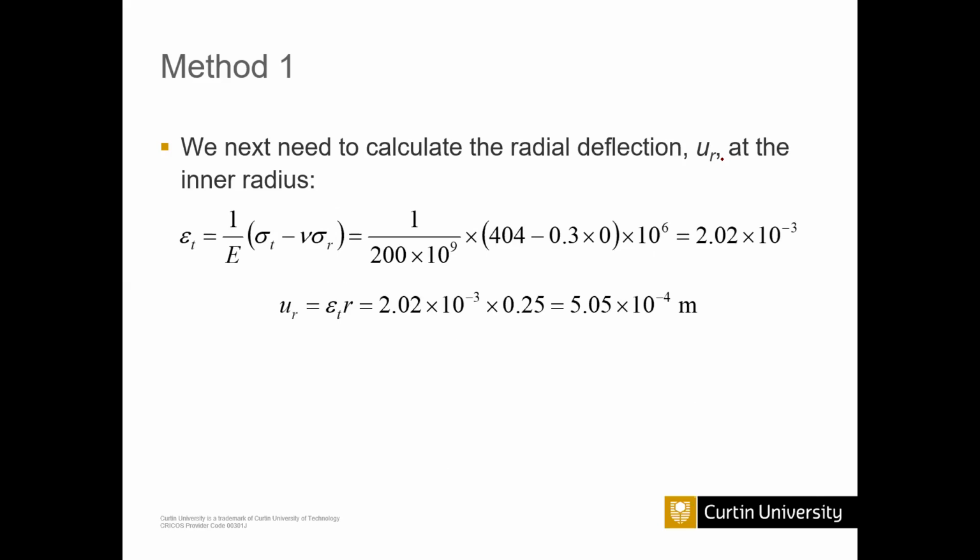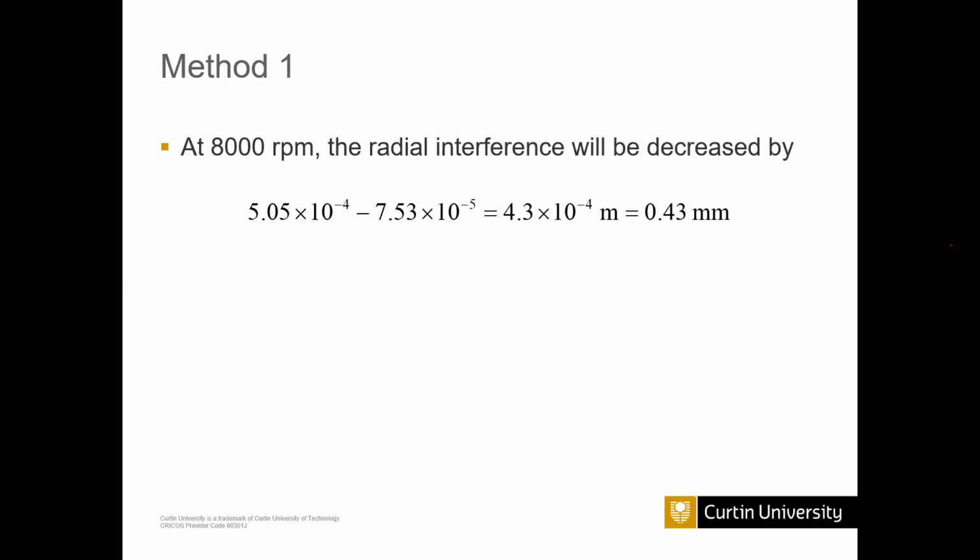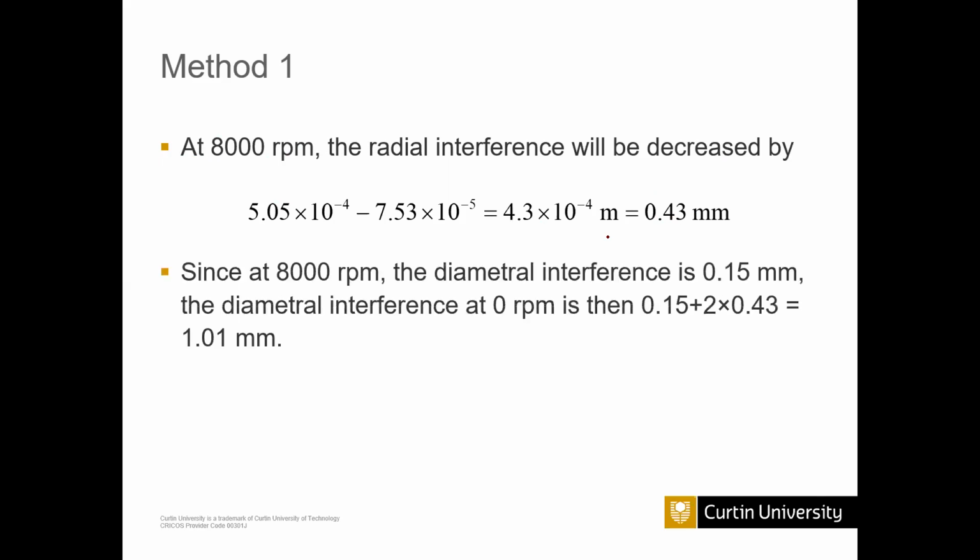The difference between those deflection displacements should be equal to the radial interference at 8,000 RPM. Due to rotation, this is the deflection at the interference. At 8,000 RPM, the diametral interference is this much.